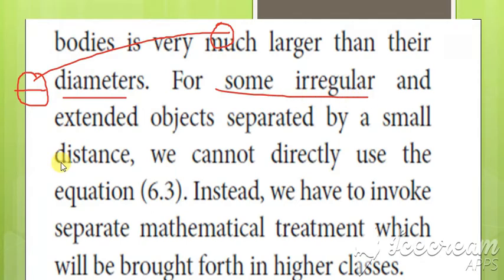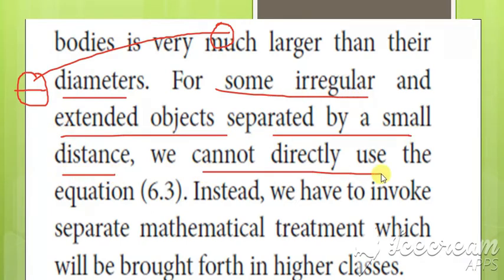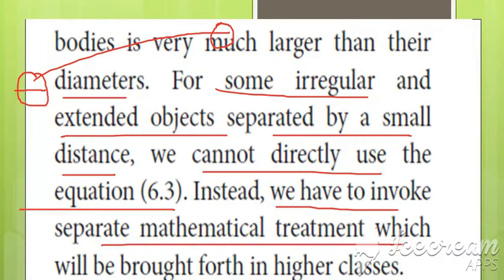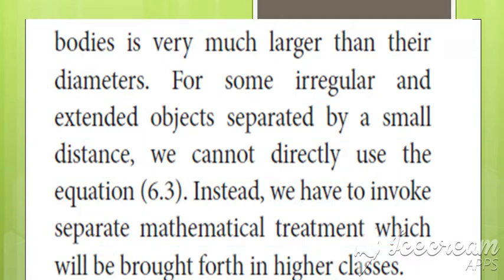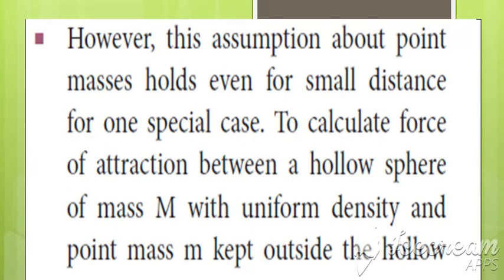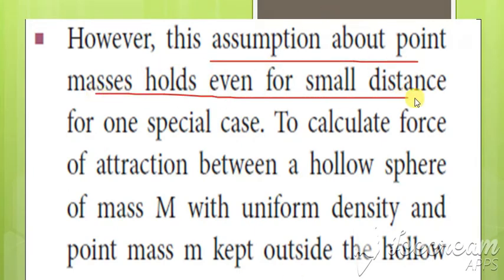For some irregular and extended objects separated by a small distance, we cannot directly use the equation. So this cannot be used for irregular objects. Instead, we have to invoke a separate mathematical treatment. This can be used only for objects with regular shapes. Then next, however, this assumption about point masses holds even for a small distance in some special cases.